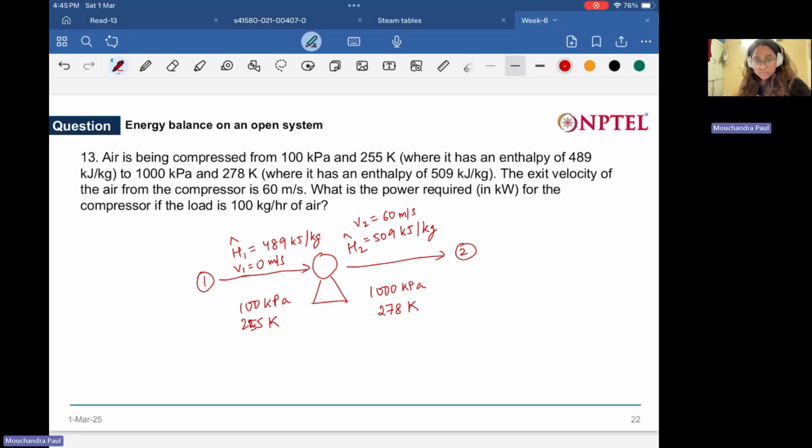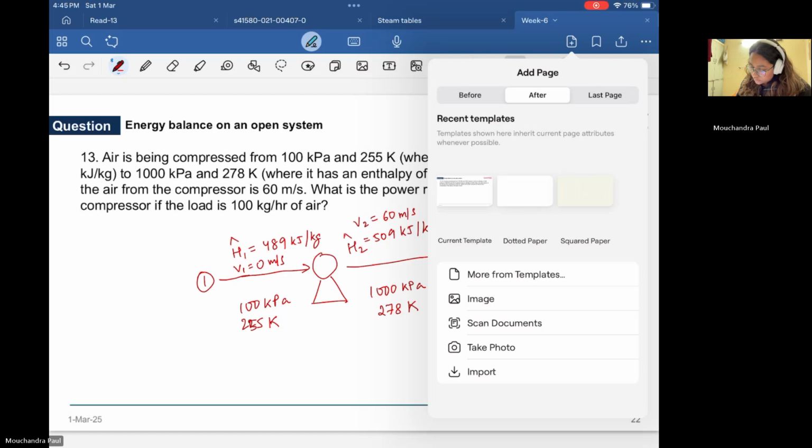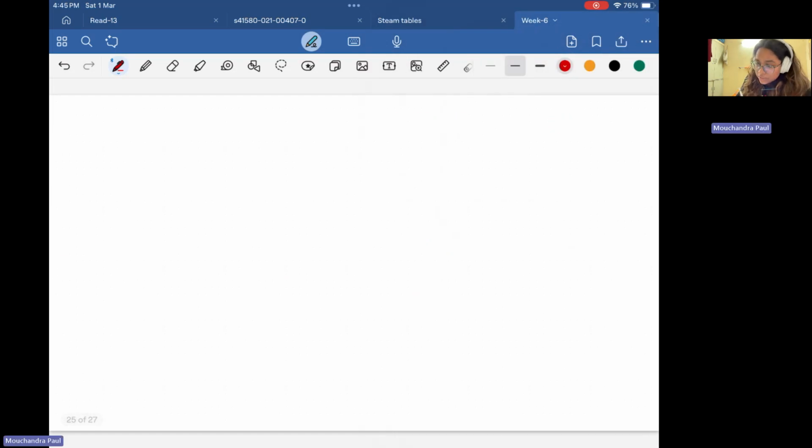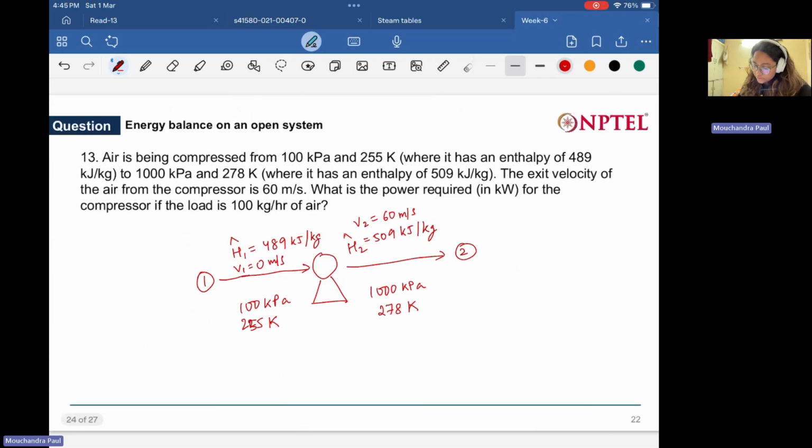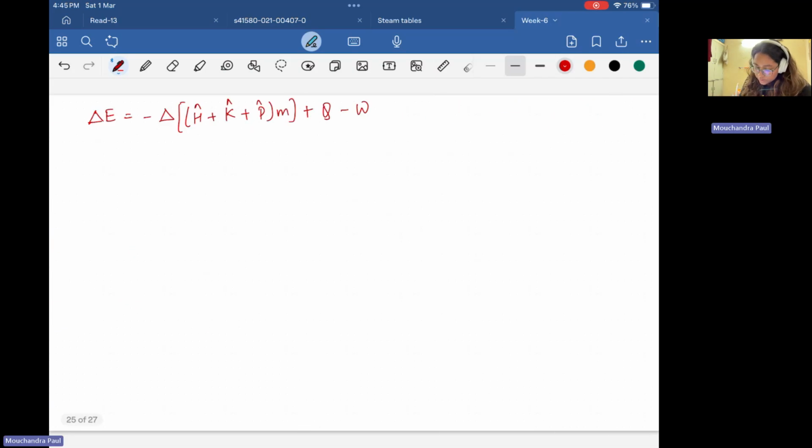So let's put this situation in the energy balance equation. So what is the energy balance equation? Delta E is minus delta H hat plus K hat plus P hat, times M, plus Q minus W. Now, since the air is flowing through the compressor, the accumulation is 0.